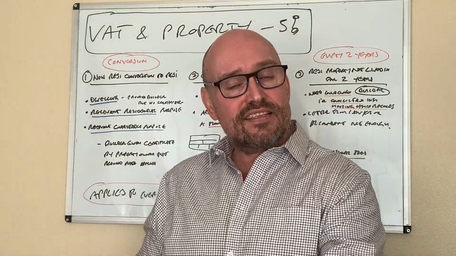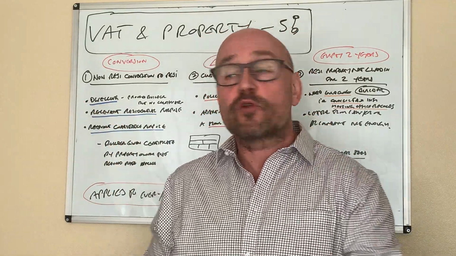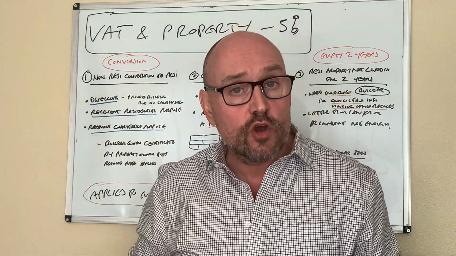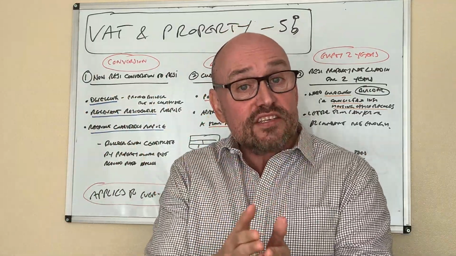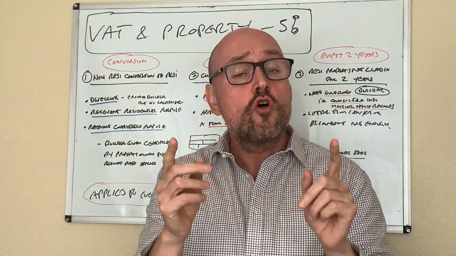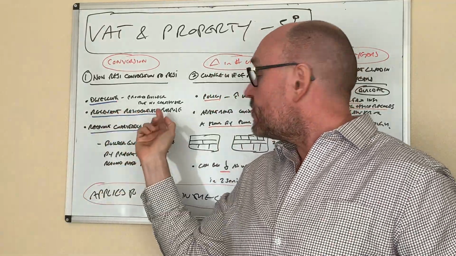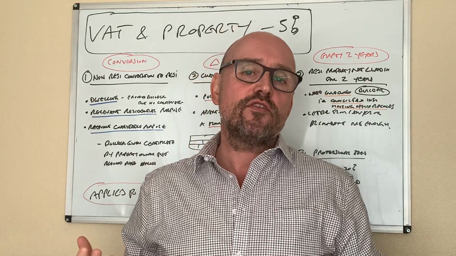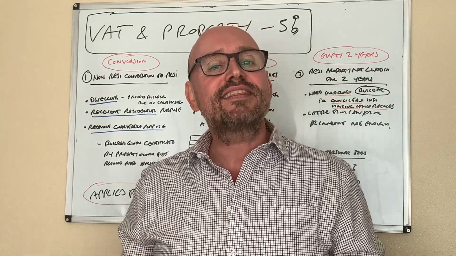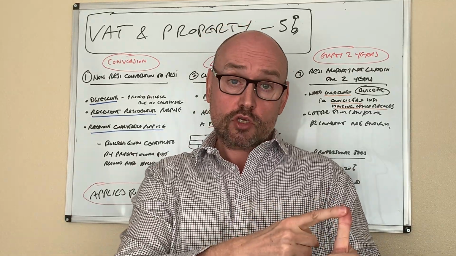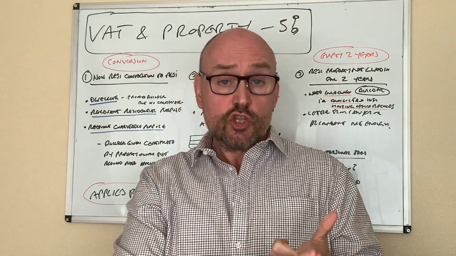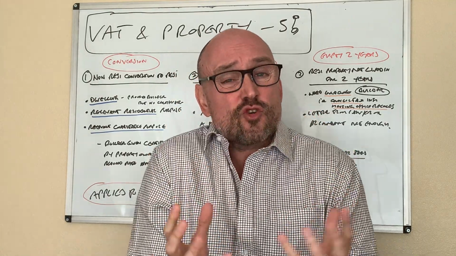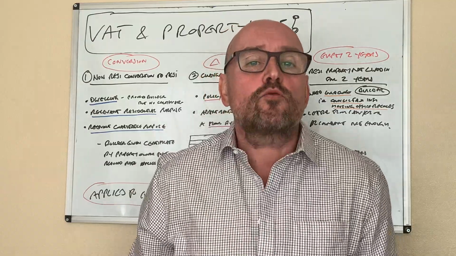Now the second type of property within the banner of the conversion world is what we call relevant residential property. Relevant residential purpose. Now what is that? A relevant residential purpose is things like student accommodation, nursing homes, that sort of thing, where it's not just a house.